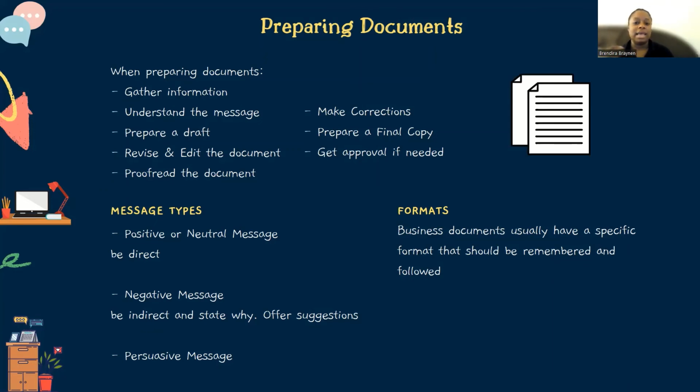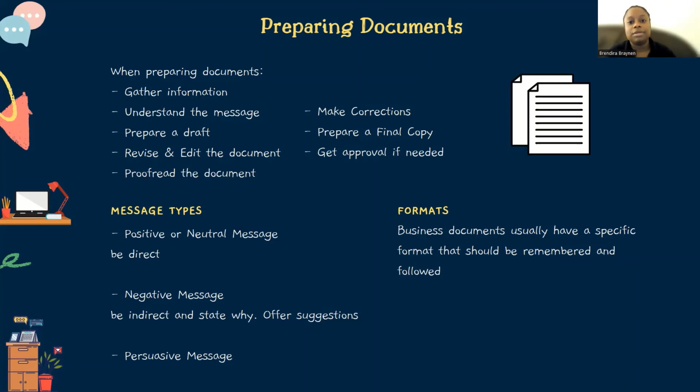Start off by saying a nice word or saying something positive, trying to sandwich it in, put that bad news in the middle there. But start off with something positive, get to the bad news, and then you should state why you're rejecting somebody or why the bad news is necessary. And then, as the bottom part of that sandwich, you can offer suggestions and help the person to feel better about the rejection.